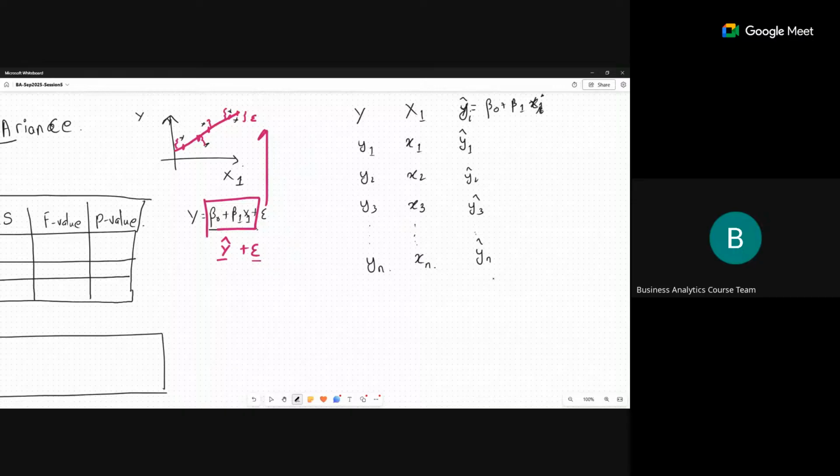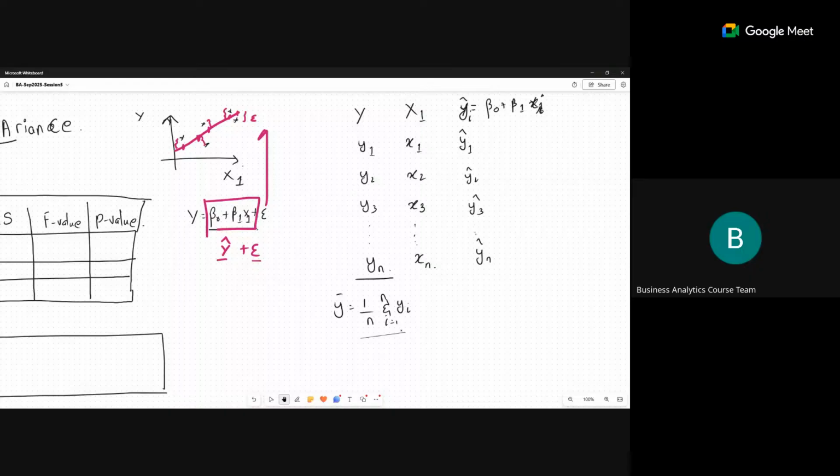I get these predicted values. From the data set, I can find out the mean y bar. That is going to be my mean value.